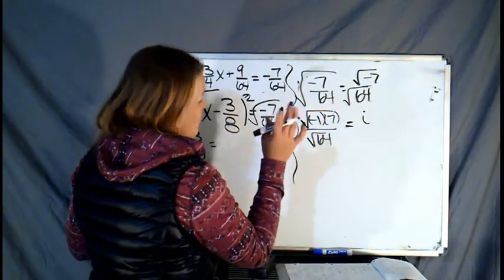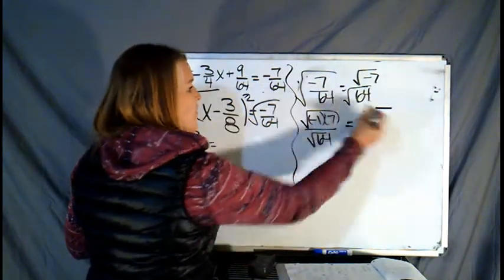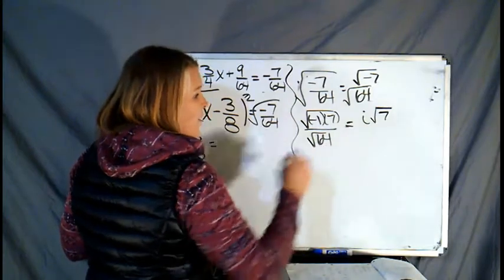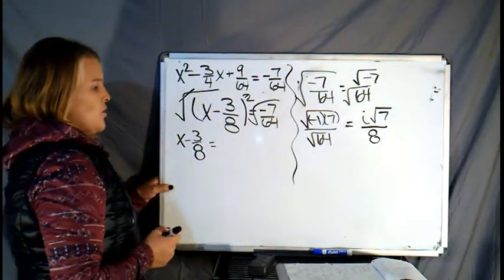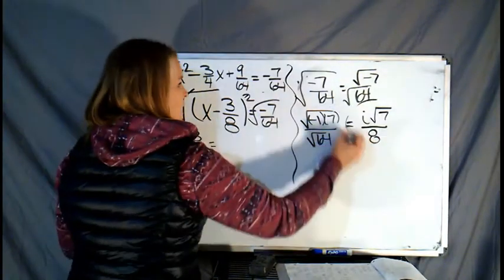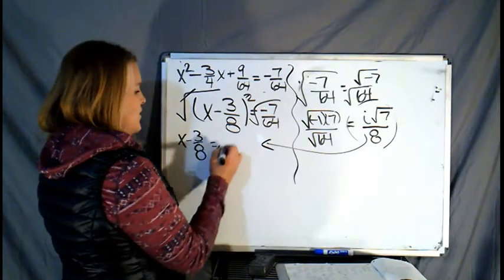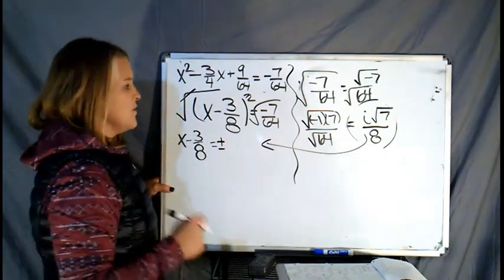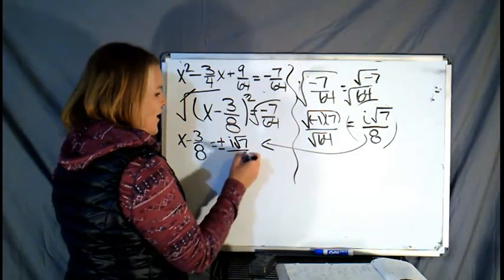And the square root of 7, we can't simplify that anymore. And what is the square root of 64? 64 is a perfect square. The square root of that is 8. So I'm going to bring this back over here. And it's going to be equal to plus or minus, I should have put my plus or minus in there sooner, I apologize, plus or minus i square root 7 over 8.